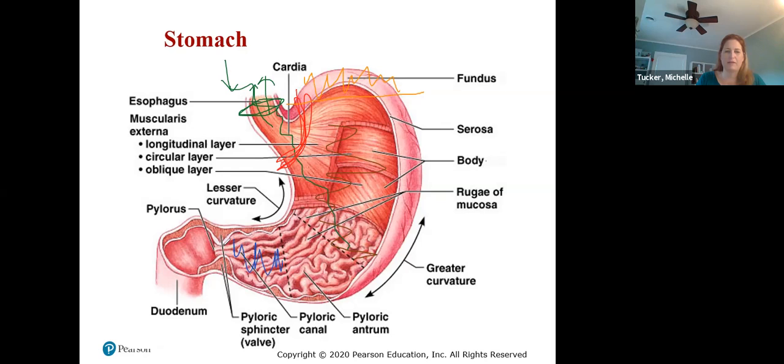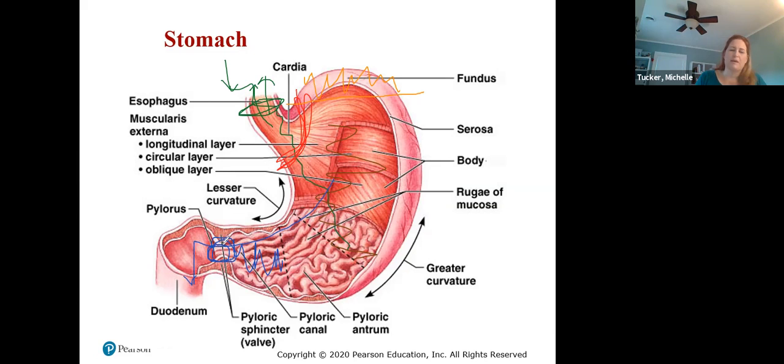We have the pyloric sphincter, which is going to regulate the movement of chyme, so digested food, into the duodenum.